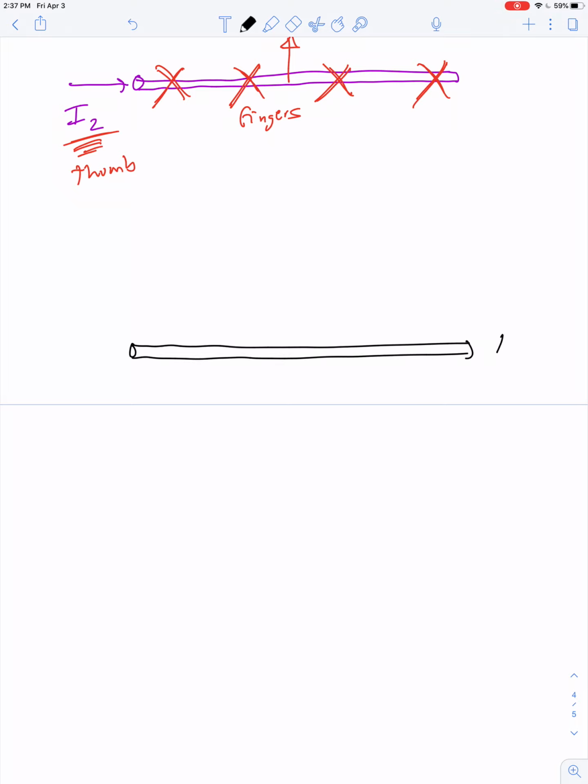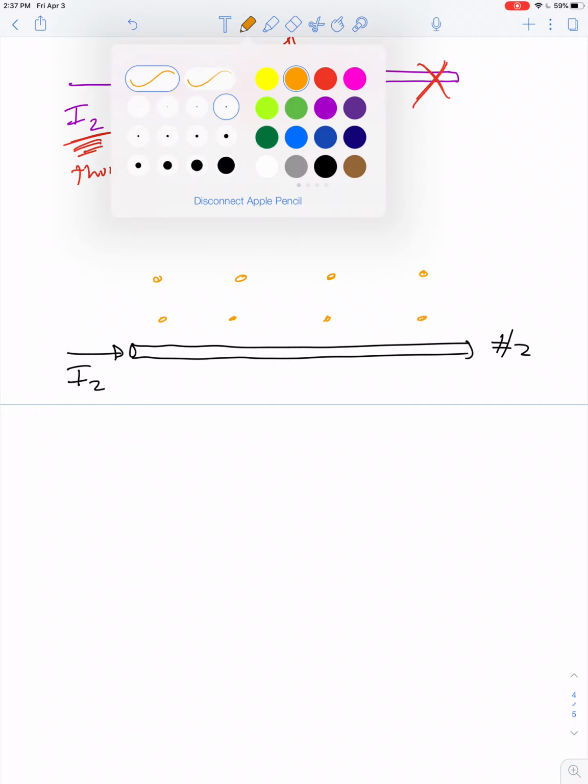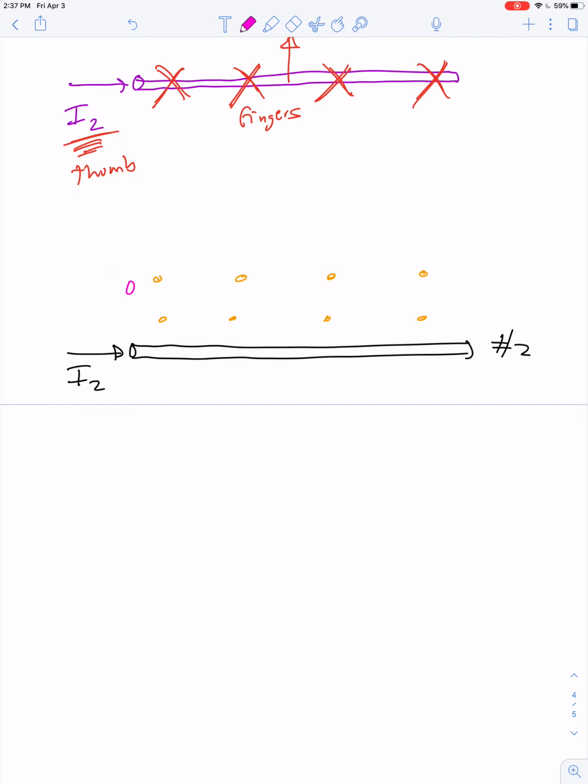That represents wire number 2 with this current I2 that's flowing to the right. So in the region above wire number 2, it creates magnetic field lines that are pointing out of the page, and along comes wire number 1 and sits in that magnetic field and has a current in it that flows to the right.